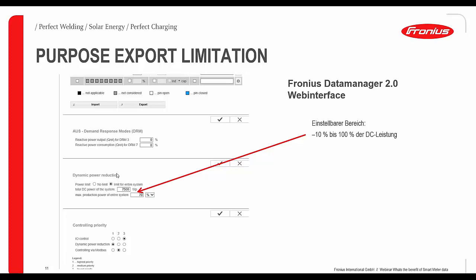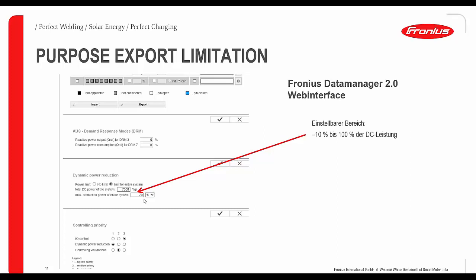Dynamic power reduction, for example, is possible when you're using a Fronius Smart Meter. Depending on the surplus you have, you can limit your PV output power. This has the advantage that no feed-in power is fed into the grid, as long as you're lowering it down, for example, to 0%.